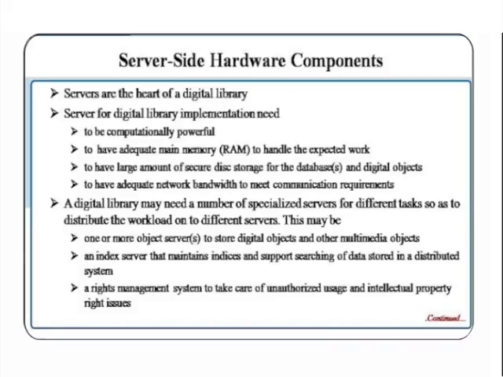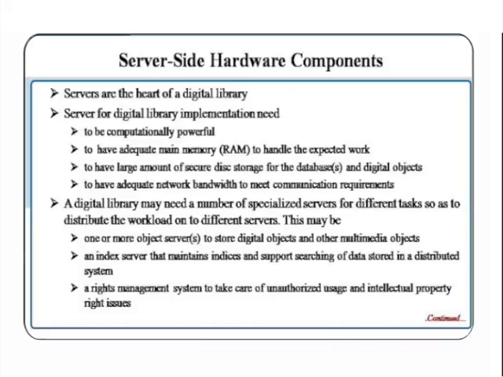A digital library may need a number of specialized servers for different tasks so as to distribute the workload onto different servers. These could be one or more object servers to store digital objects and their multimedia objects. There can be an index server that maintains the indices and supports searching of data stored in a distributed system, and a rights management system to take care of unauthorized usage and intellectual property rights issues.